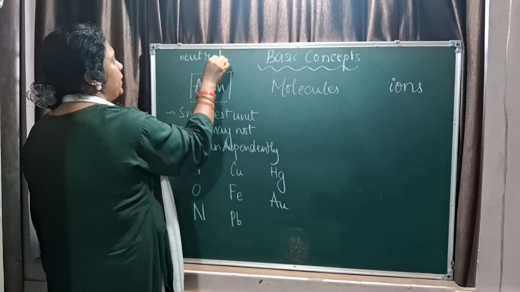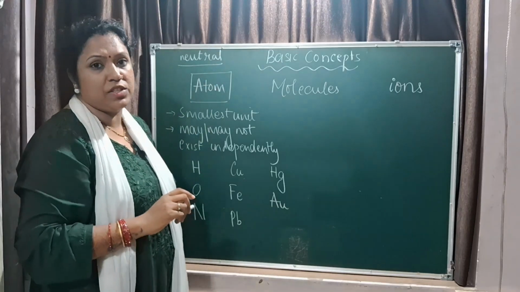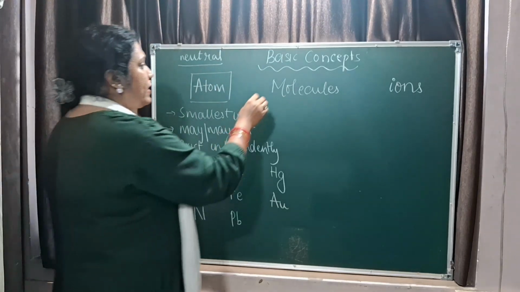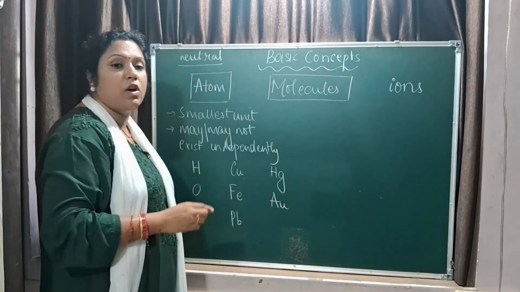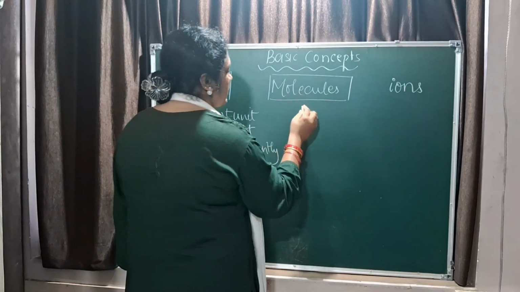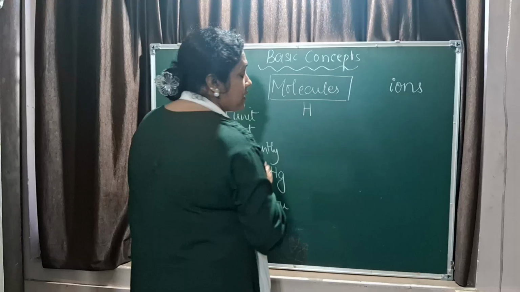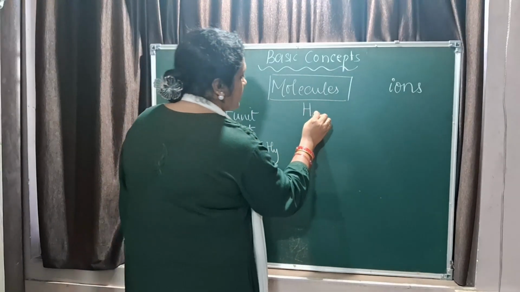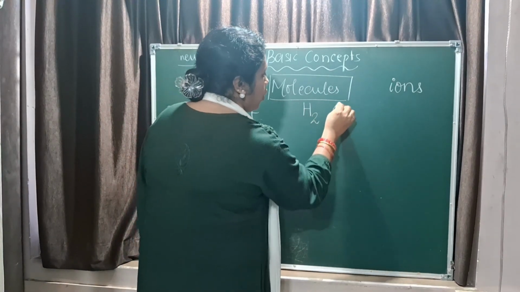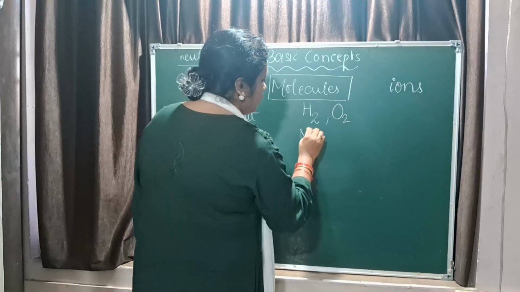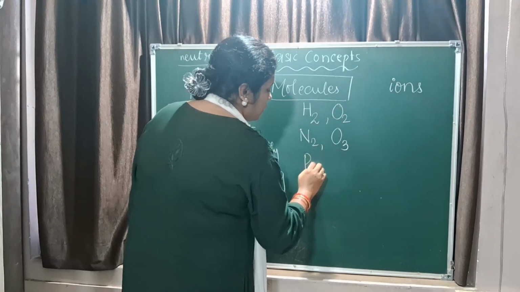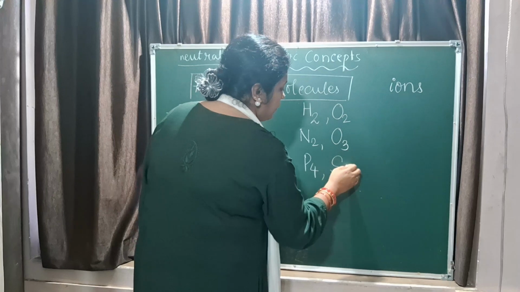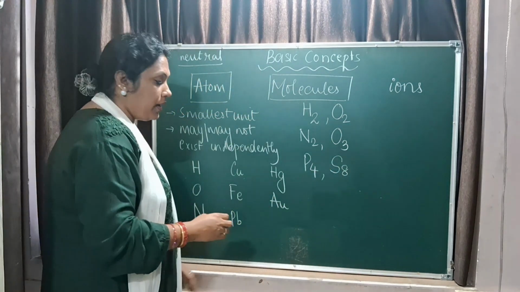Why neutral? We will be talking about it when we talk about the atomic structure. Okay. Next is the molecule. Molecules are capable of independent existence. Like hydrogen cannot exist as H, it exists as H2, O2, N2, ozone O3, phosphorus P4, sulfur S8, right?